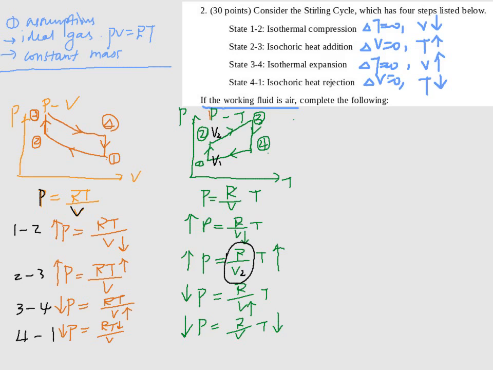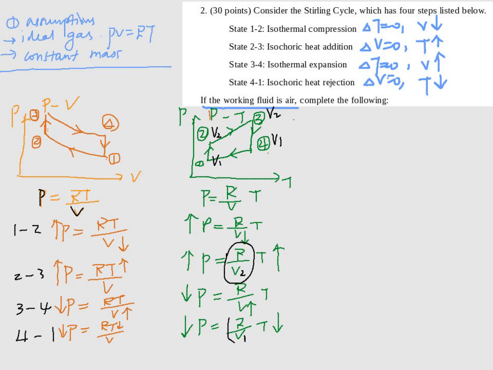From 4 to 1, we have R/V1 as the slope of the line, right? Because we reduce the volume from V1 to V2 from process 1 to 2, and from 2 to 3 the volume is constant, and from 3 to 4, we expand the volume from V2 to V1 again. And from 4 to 1, V1 stays the same.